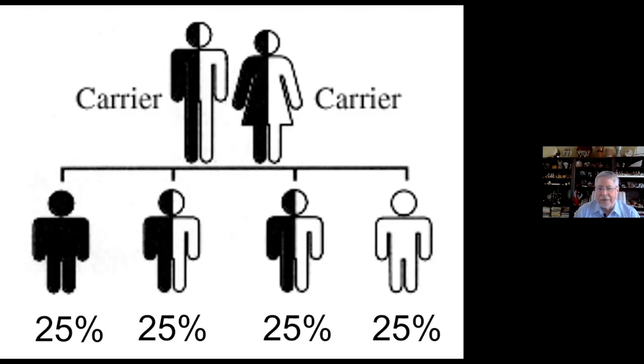In this case, with two carrier parents, we find that on average, 25% of their offspring will be pigmented and non-carriers. 50% of the offspring will be pigmented and carriers. And 25% of their offspring will have albinism.